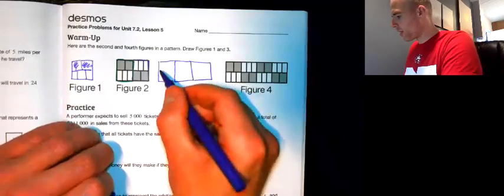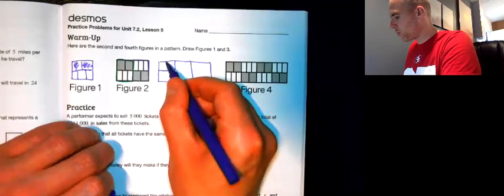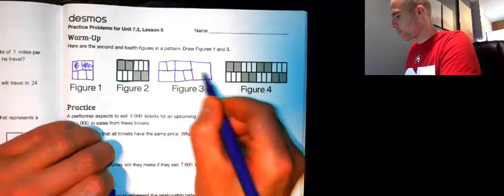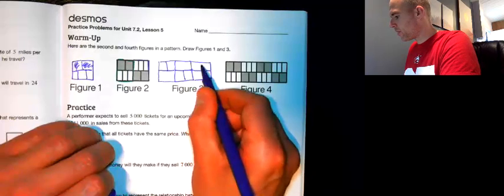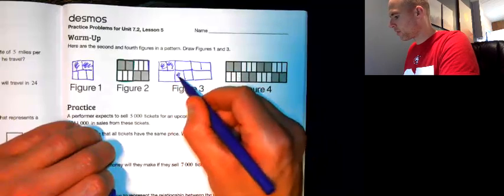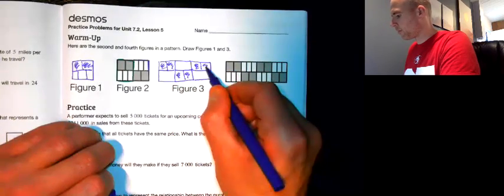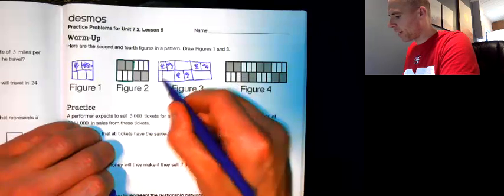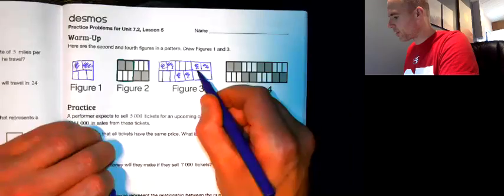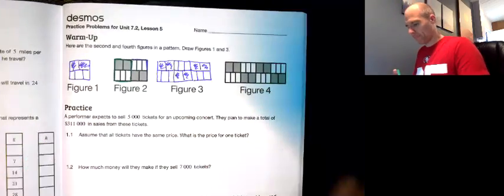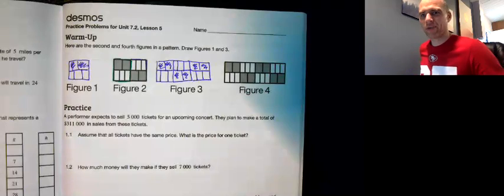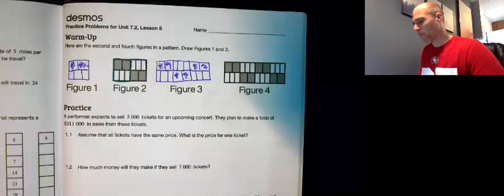And then I'll start with the 2 shaded sections on top, then 2 shaded sections on bottom, and then 2 shaded sections on top again. And I got to put my 3 non-shaded sections in the rest. I think that's how it's supposed to be. I don't know. Maybe you have a different answer that also makes sense.